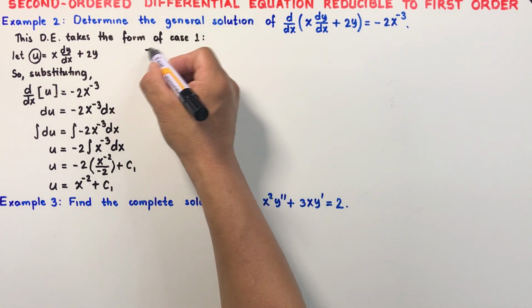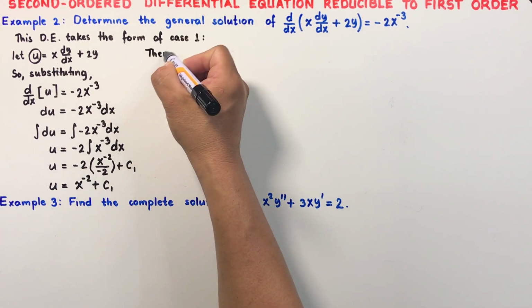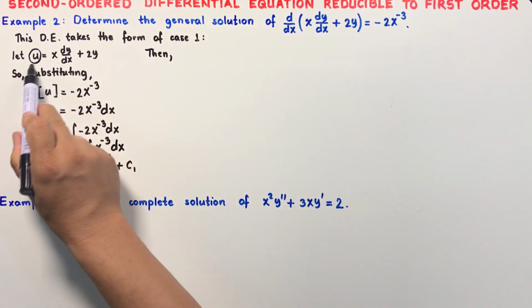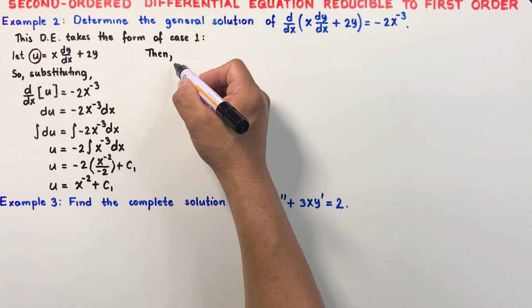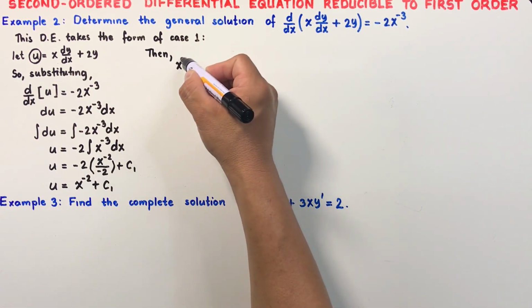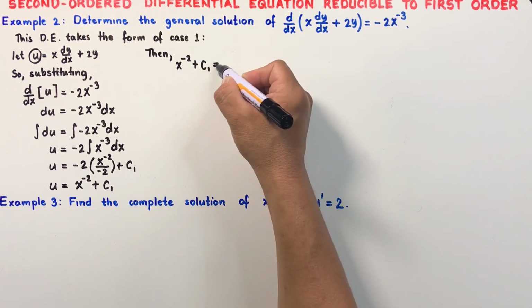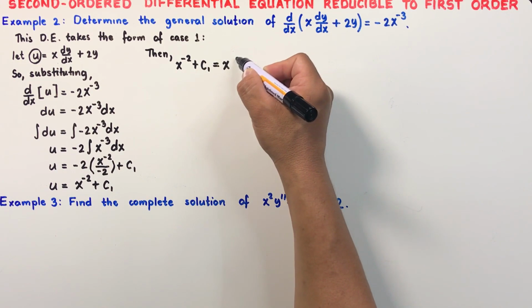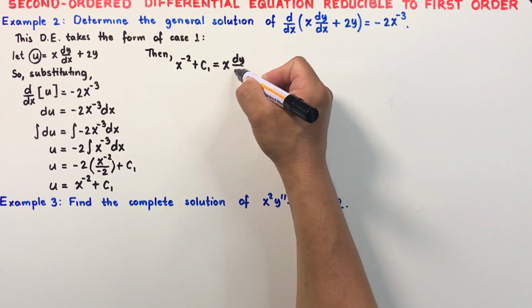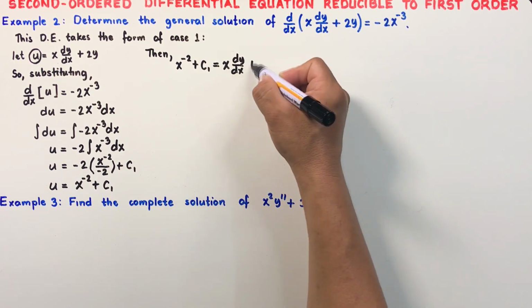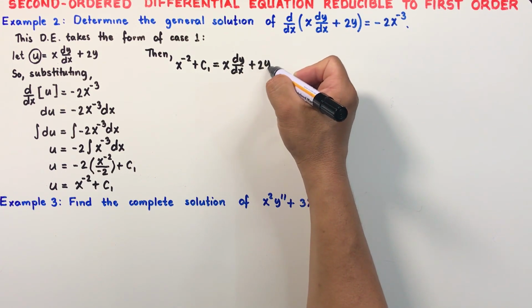Then substituting this value of u in our representation, we have x to the power negative 2 plus c sub 1 is equal to x times the derivative of y with respect to x plus 2y.